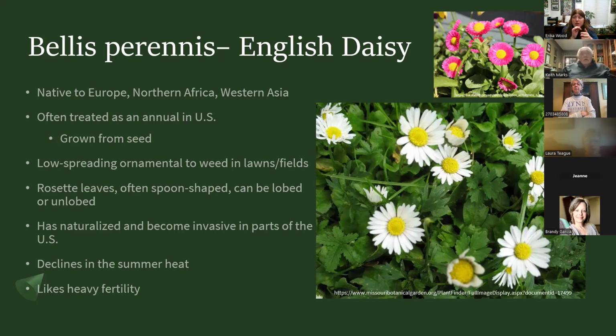Now, there's a few different types of the English daisy. This has been generally cultivated. The traditional English daisy is kind of what you think of as a normal daisy. It has those white ray florets and those yellow center discs. But we do have some cultivars that are much brighter and more colorful.